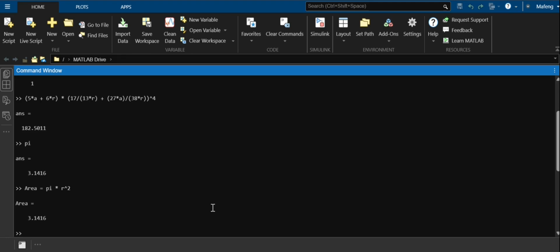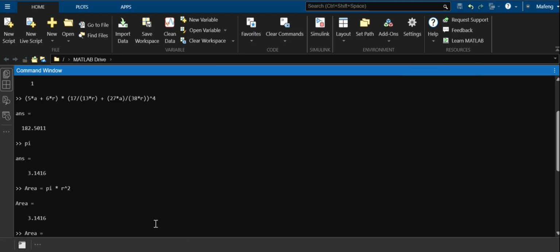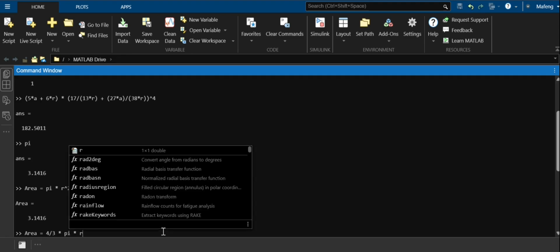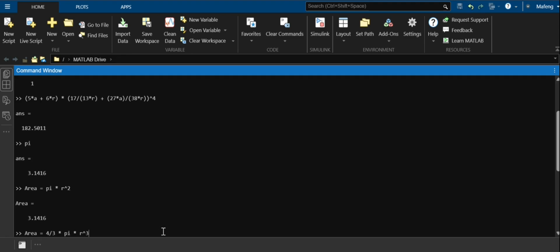3.1416 units squared. And the second one, the volume, 4 over 3 pi r cubed. So for a sphere of radius 1, 4 over 3 times pi times r cubed. The volume is 4.1888 units cubed.